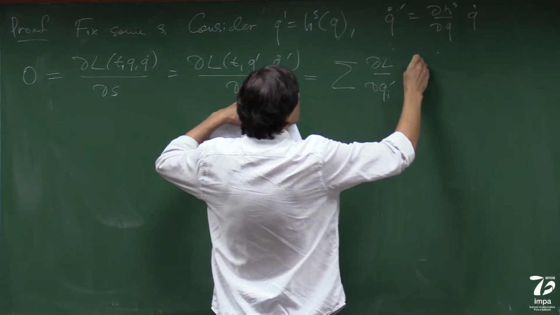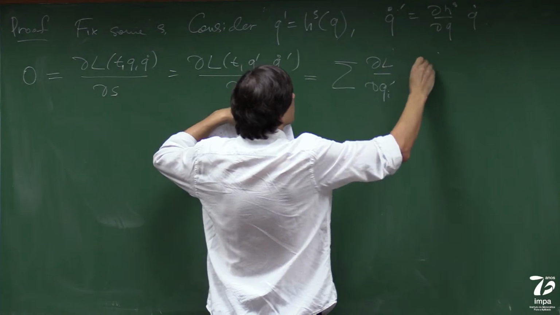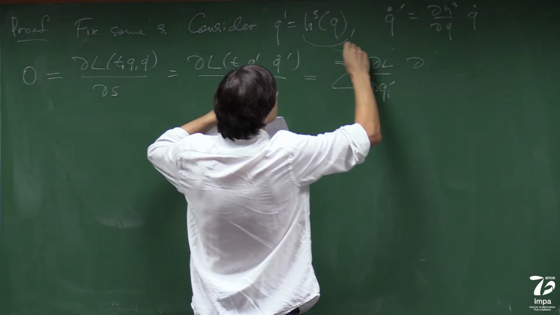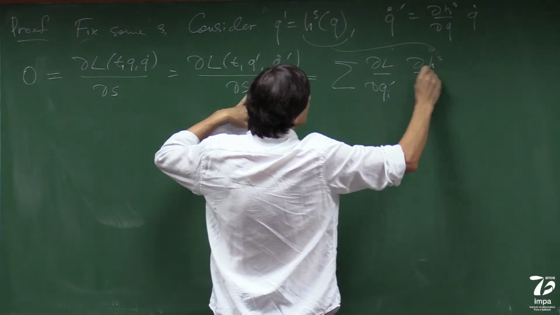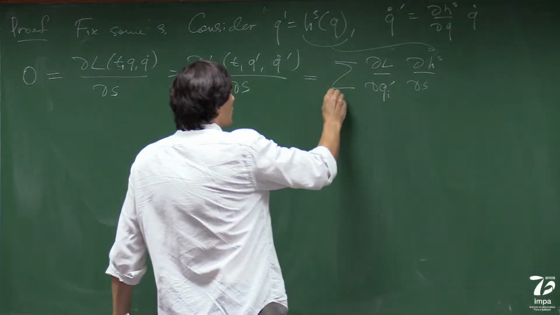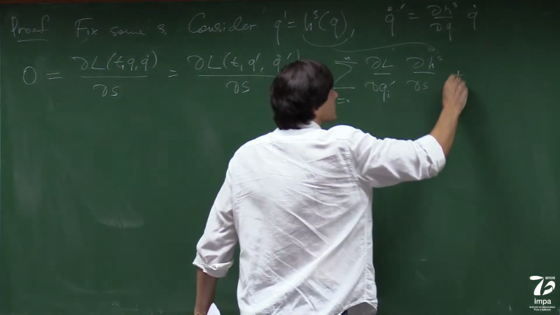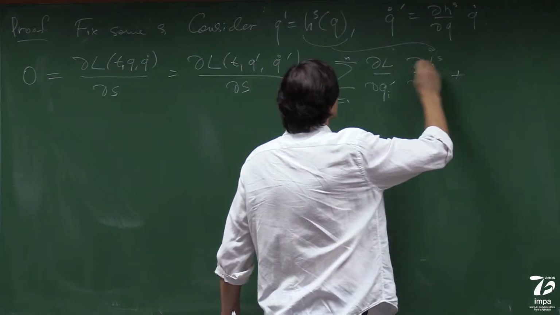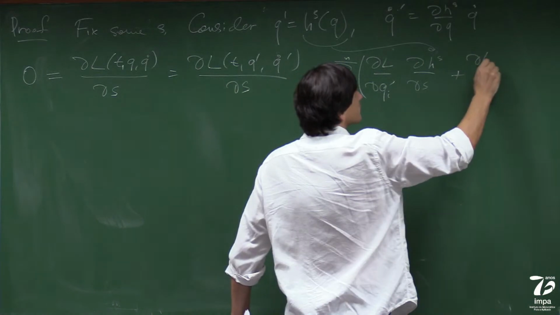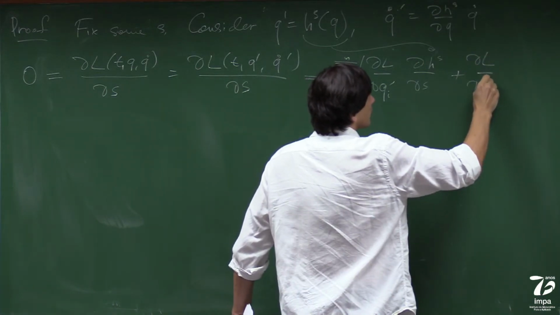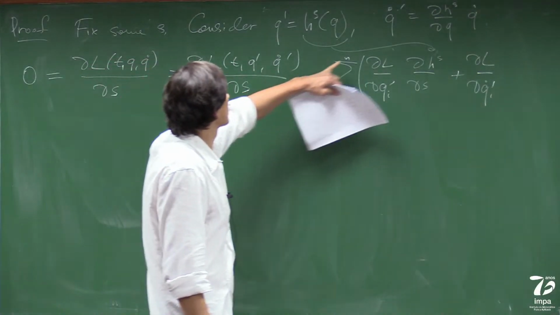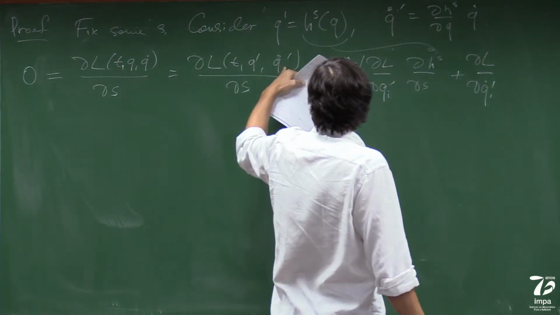And then dq prime, which you put here, right? Yes. And the next sum will be with respect to the derivative, i. And this second derivative, right?